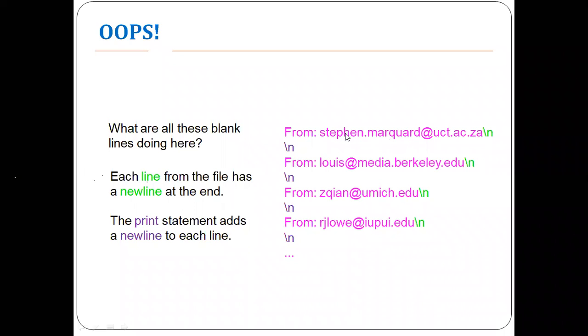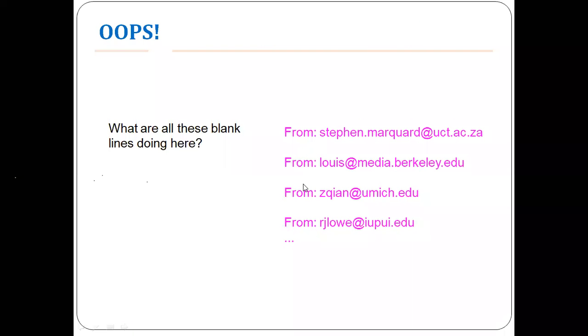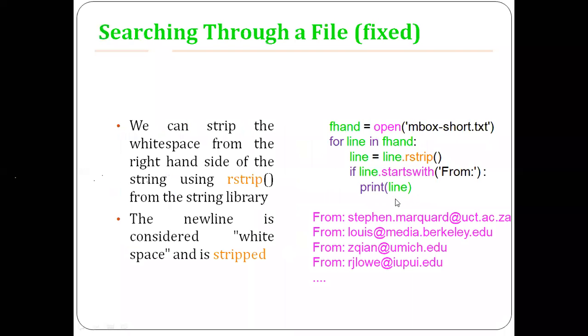For every output, it is going to add backslash n. That's why your output appears like this: there is one line, followed by a blank line, then another line, then a blank line, and so on.